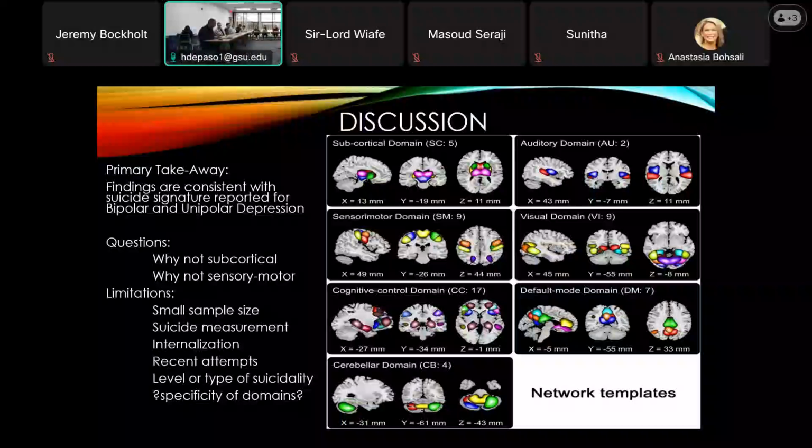The level and type of suicidality, we don't know whether this suicidality could be caused by unipolar depression, multiple diagnoses of bipolar, or even if the type of depression is just due to low impulsivity itself. Also, this is more just me being nitpicky about the idea of a domain and a component itself.